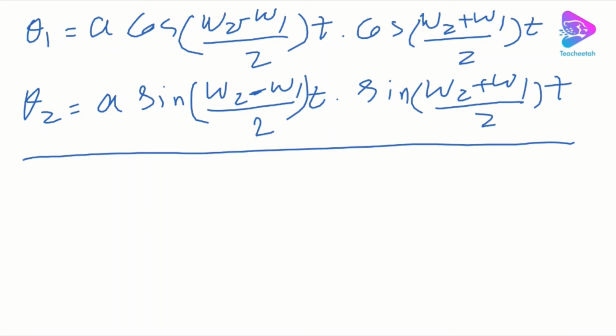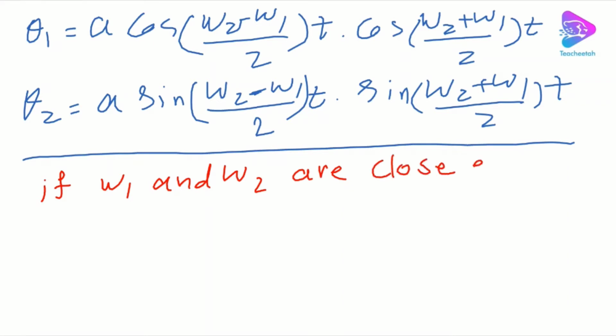So it means that in this case, if omega 1 and omega 2 are close enough, then we're going to have beating in our system.